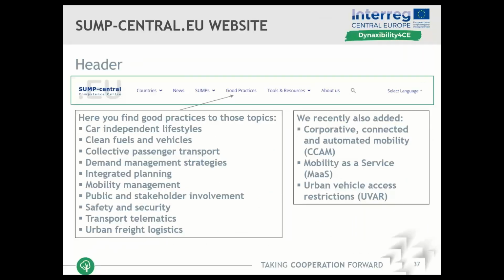You can also find good practices which refer to all of these relevant topics for SMP development, such as clean fuels and vehicles, integrated planning, mobility management, etc. But also now through the Dynaxibility4CE, these 3 topics that we have addressed, CCAM, MaaS, and UVAR.